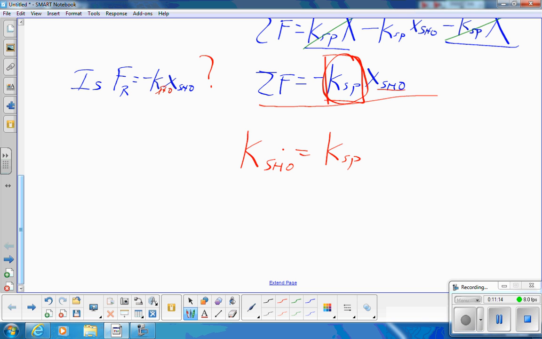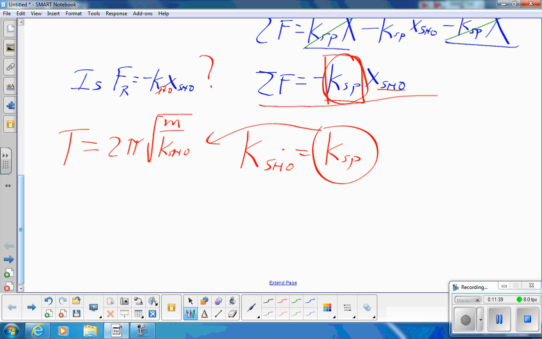So the spring constant turns out to be numerically equal to the constant used in all of our simple harmonic motion equations. And we end up saying that the period, for instance, of a mass oscillating on a vertical spring is 2 pi root m over k_SHO. That's the general form for a simple harmonic oscillator. But what do we plug in? We plug in k_sp. So it's kind of subtle.